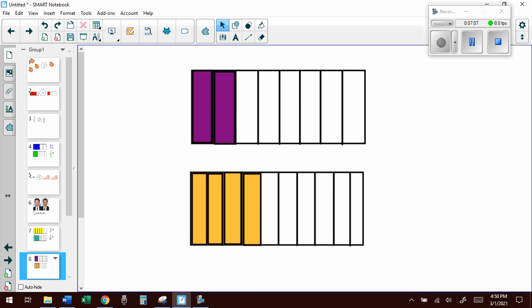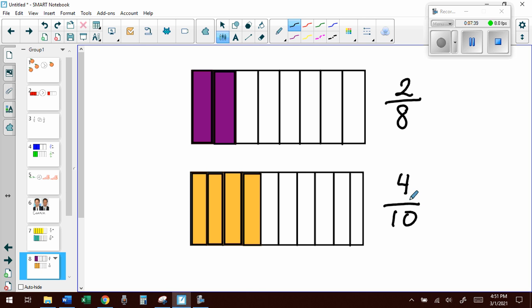Now if we go to this next one, here we have 2 out of 1, 2, 3, 4, 5, 6, 7, 8. And down here we have 4 out of 1, 2, 3, 4, 5, 6, 7, 8, 9, 10.